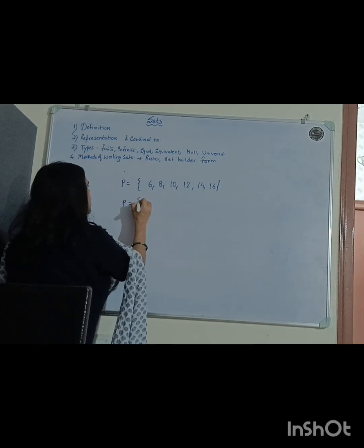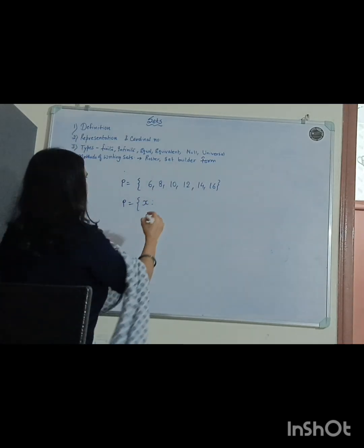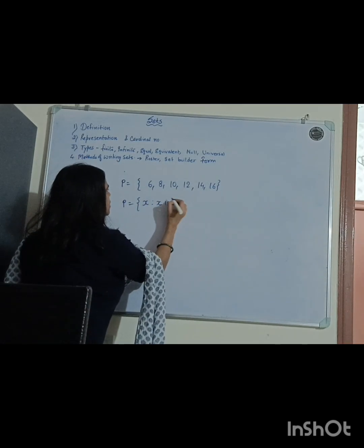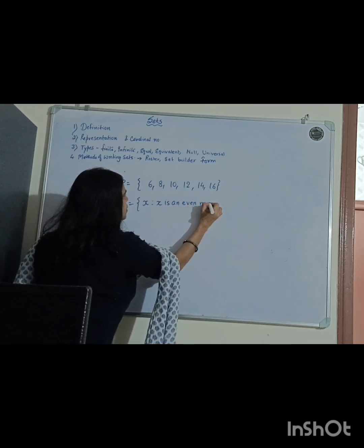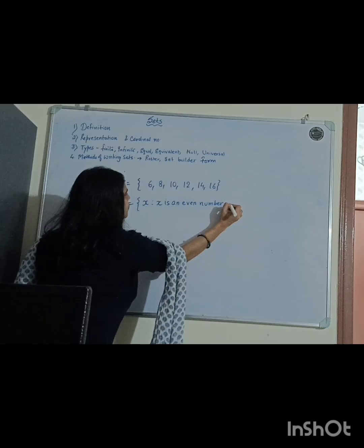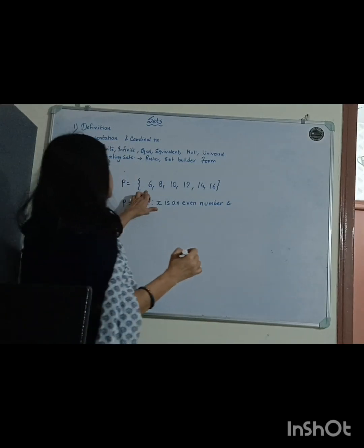P equal to x such that. The way of writing is x such that x is an even number, and x is lying between 6 and 16.